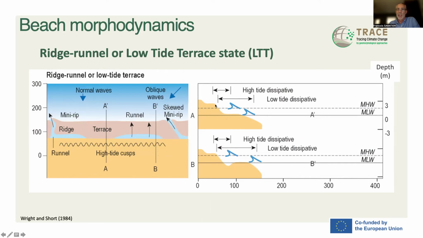In this morphology, currents are therefore strongly controlled by the tidal level. At low tide, circulation is usually weak across the terrace. At higher tide levels, the swash motion, of course, becomes stronger. So this morphology is characterized by a relatively flat sandy terrace.